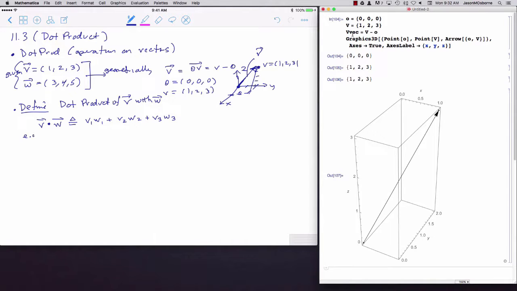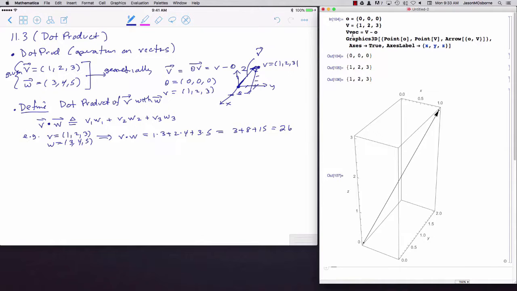So for example here, if V was 1, 2, 3, and W was 3, 4, 5, then V dotted with W would be 1 times 3 plus 2 times 4 plus 3 times 5. And you would get 3 plus 8 plus 15, and whatever that is, 26 I think maybe.